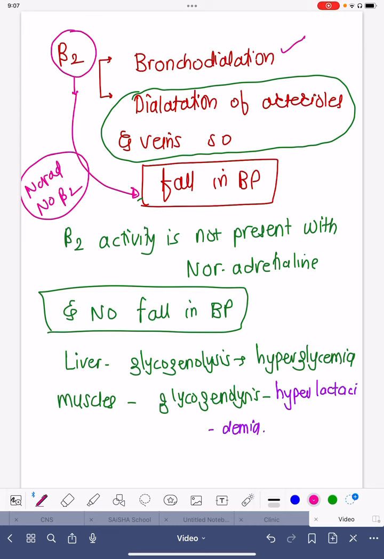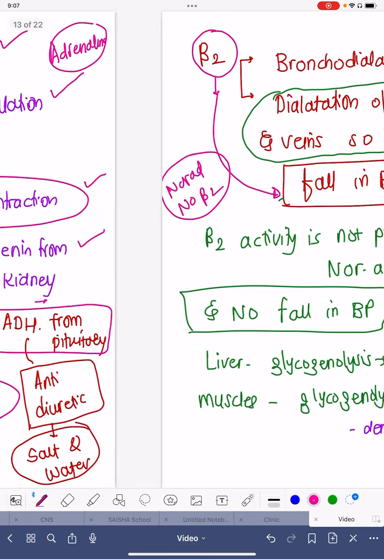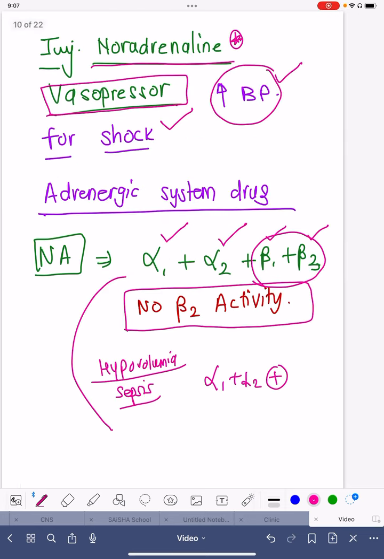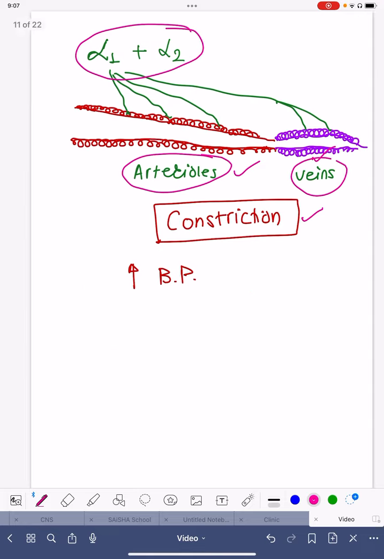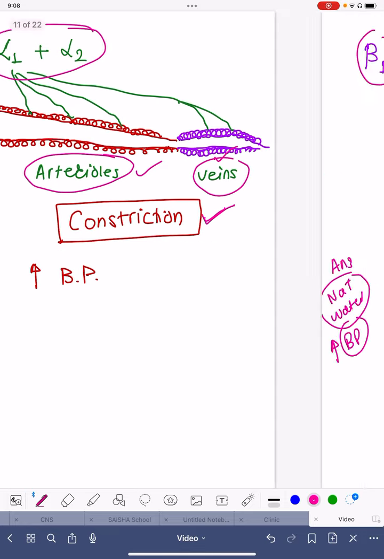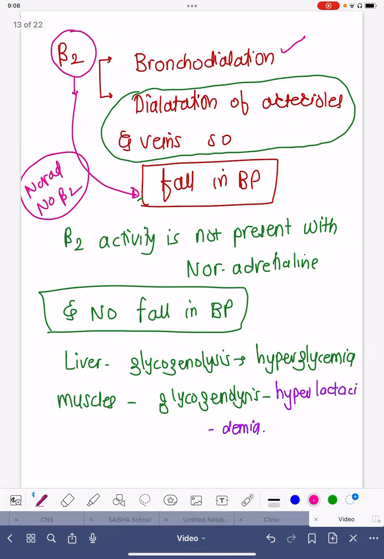Whereas adrenaline has this beta 2 activity, so it can increase or decrease diastolic blood pressure. So this beta 2 activity is not seen with NORAD. That is the reason why fall in BP is not seen. Whereas this NORAD or noradrenaline has marked alpha 1 activity. That is the reason why there is intense vasoconstriction and that causes increase in blood pressure.